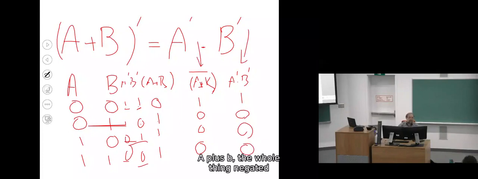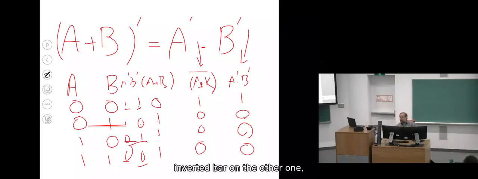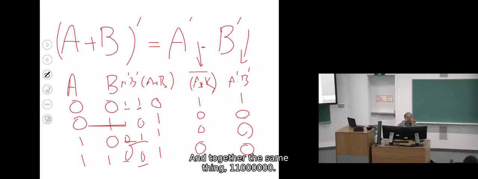A plus B, the whole thing negated, inverted, bar, and the other one, A naught, B naught, ANDed together. The same thing: 1, 1, 0, 0, 0, 0, 0, 0. So De Morgan states that complementing A plus B is ANDing A naught, B naught.